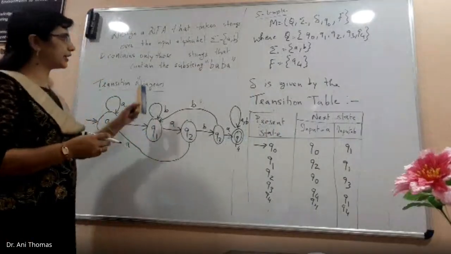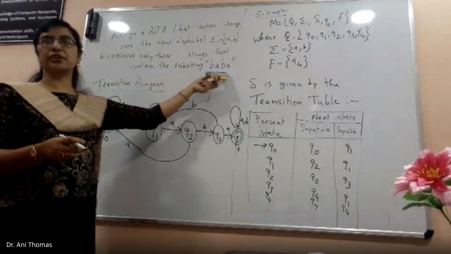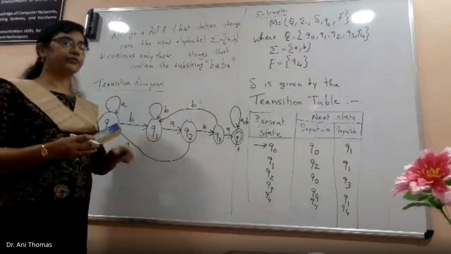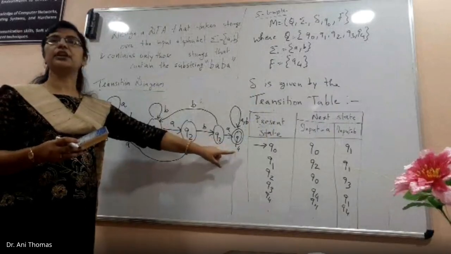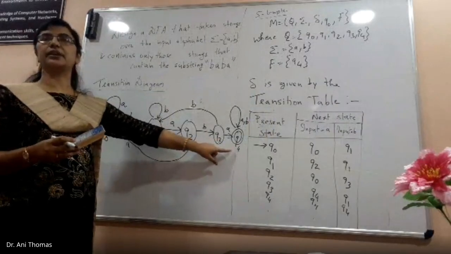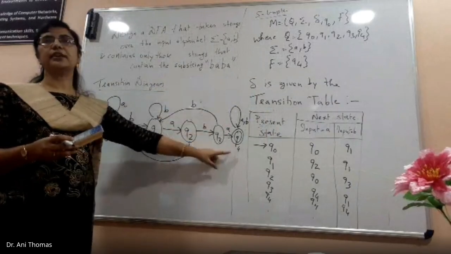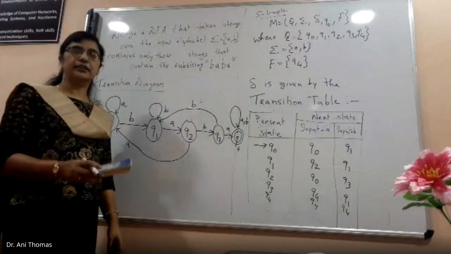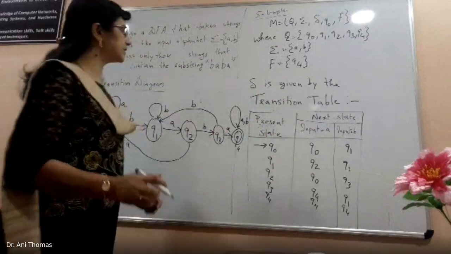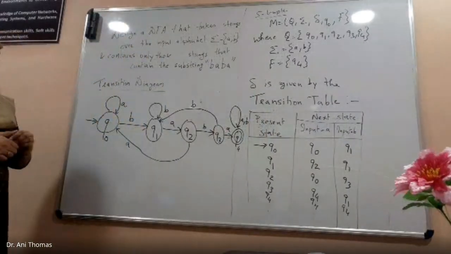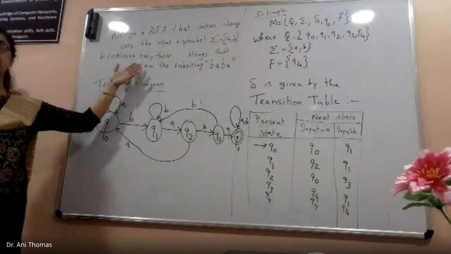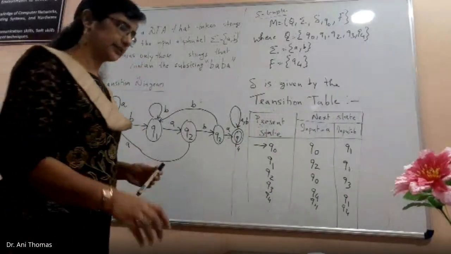By checking the strings which do not contain BABA, you will find that they will not reach the final state. If the string reaches the final state, only then is that string accepted by the DFA. So this was the DFA for strings containing the substring.